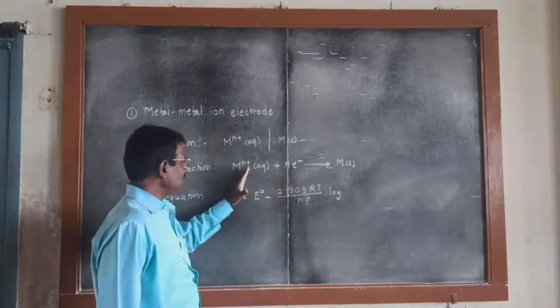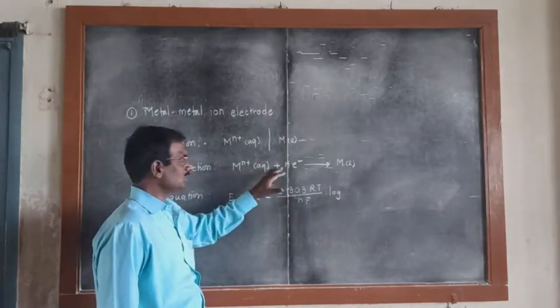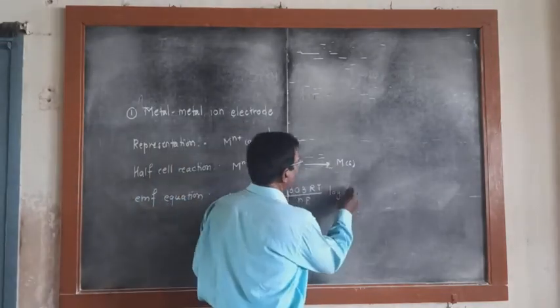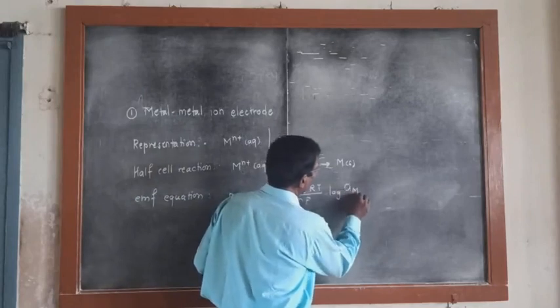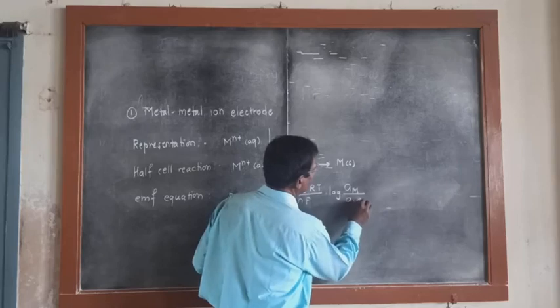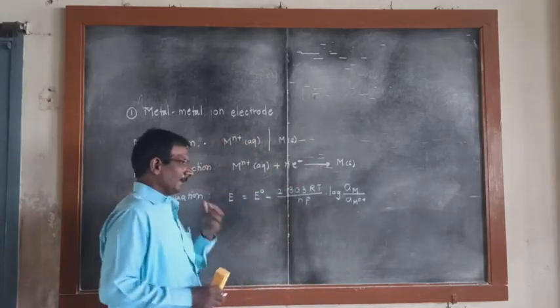In half cell reaction, oxidized state is Mn+ and reduced state is M. Therefore, log of activity of M upon activity of Mn+ ions.